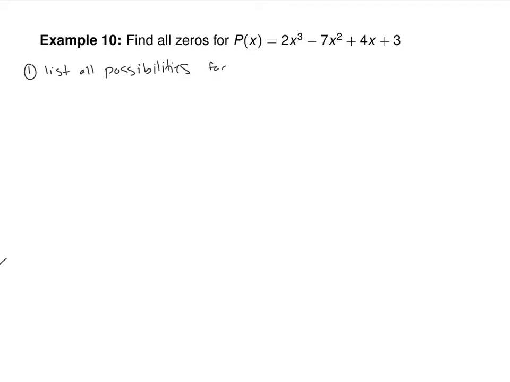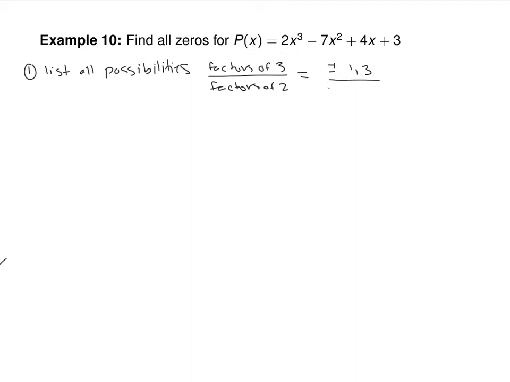So that'd be factors of 3 over factors of 2. You were nice and gave us prime numbers. If I give you this kind of question anywhere, it's going to be prime numbers. It's just too tedious otherwise. So the factors of 3 are plus and minus 1 and 3, right?